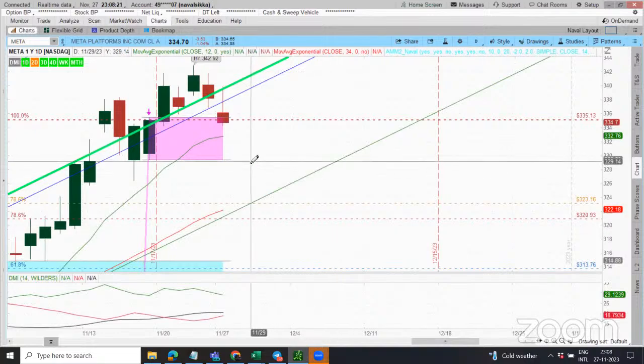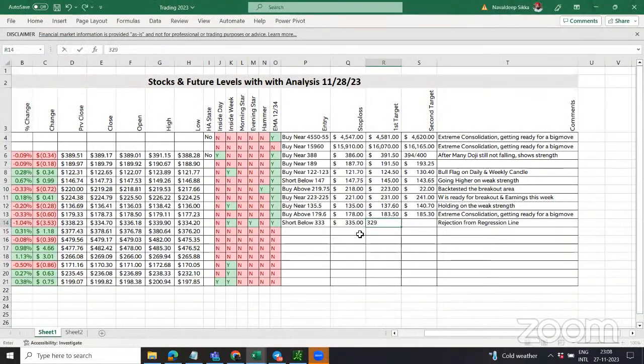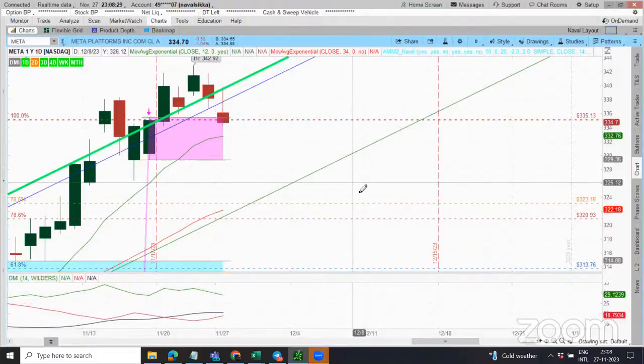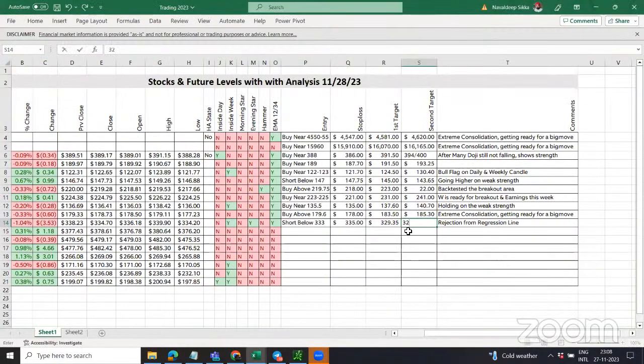Look for 329, 335, and then 326. So short. Meta is weak because it's an evening star as well.